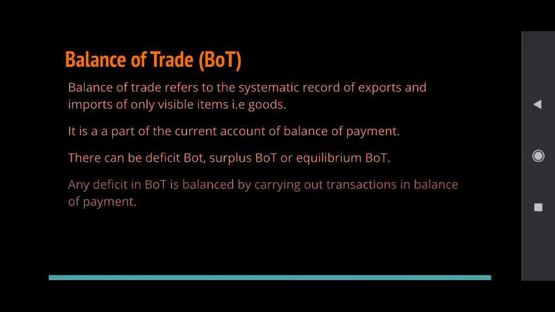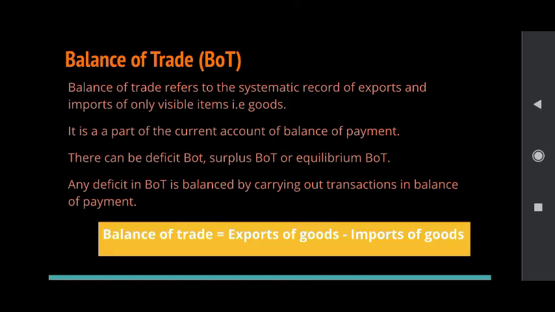Any deficit in BOT, that means the balance of trade, is balanced by carrying out transactions in balance of payment into other accounts. The formula suggests that balance of trade is equal to exports of goods minus imports of goods.